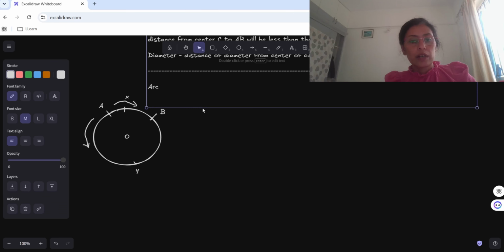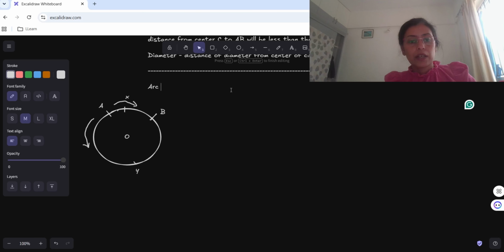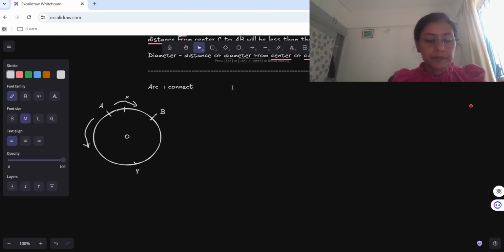An arc is a connected portion of a circle. An arc has two endpoints, and there is a curve connecting these two endpoints.